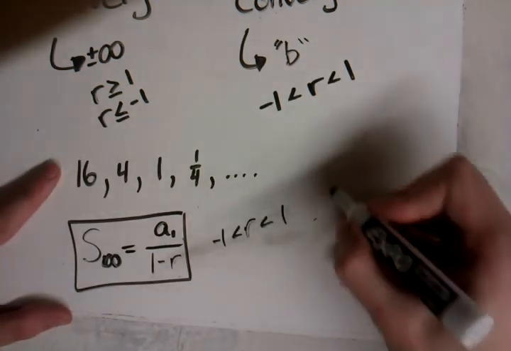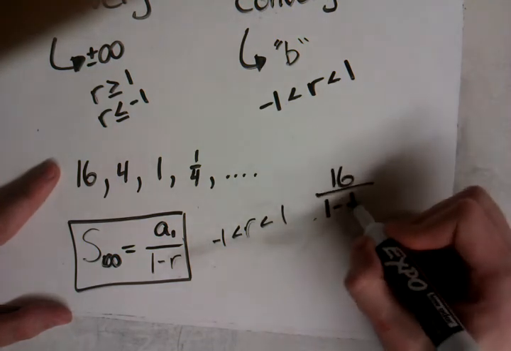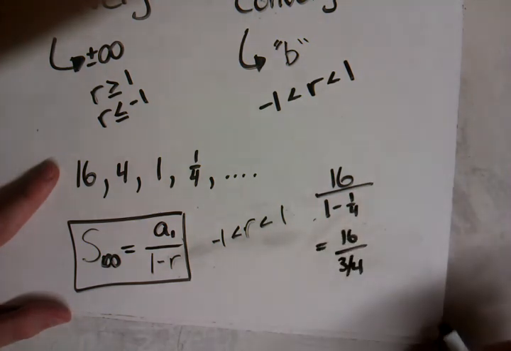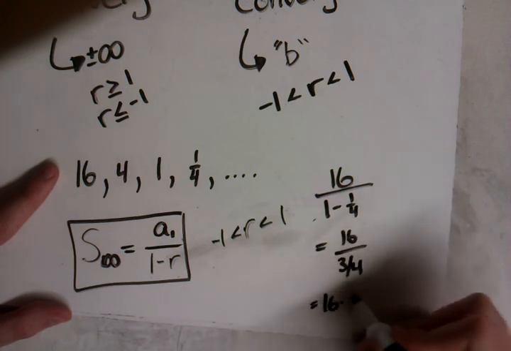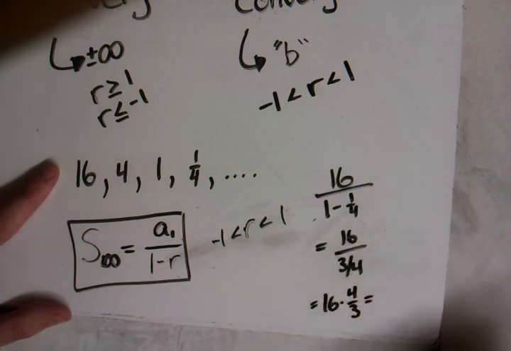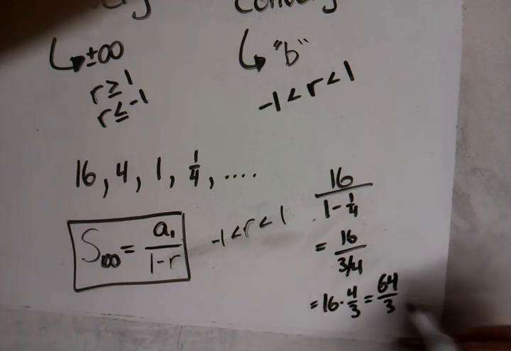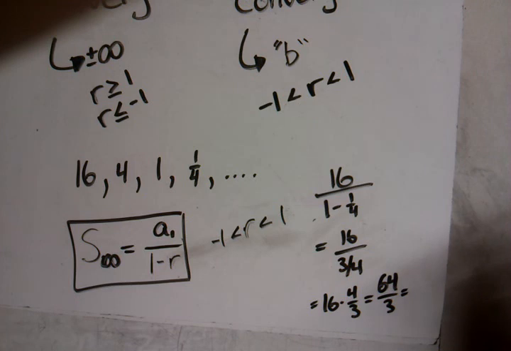So for example here, a1 is 16, the ratio is 1/4, so 1 minus 1/4, well, that's 16 over 3/4, which is 16 times 4 over 3, which is 64 thirds. So whatever 64 thirds works out to be, that would be what this series sums up to. So it's pretty cool the way it works out.